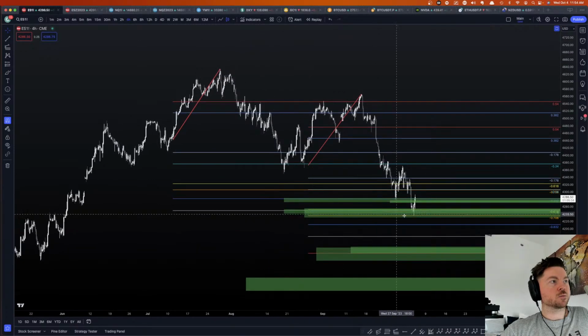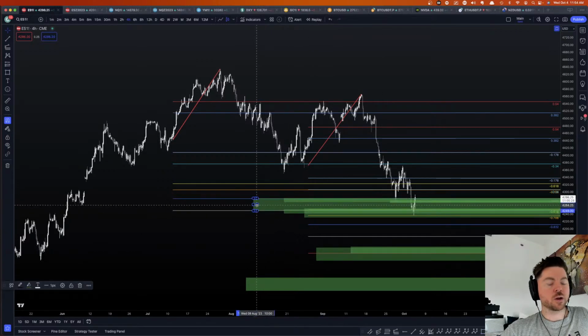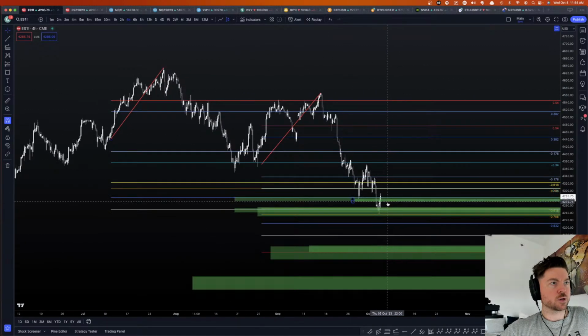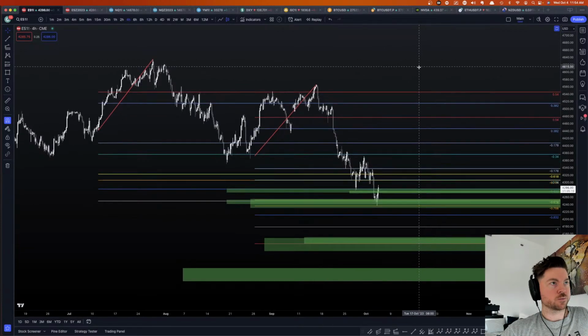So that -1 was right in here, the 832 was right in here. I marked out these two zones. I had also marked a box around this whole area, but then as more confluences came by, I could delete that and focus on the tighter zones.